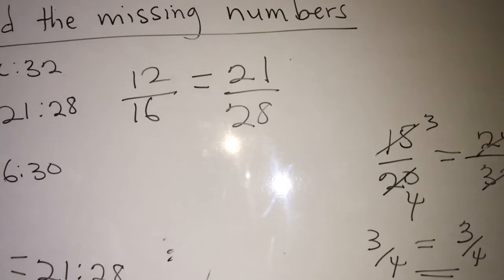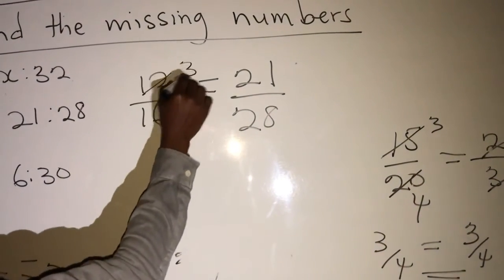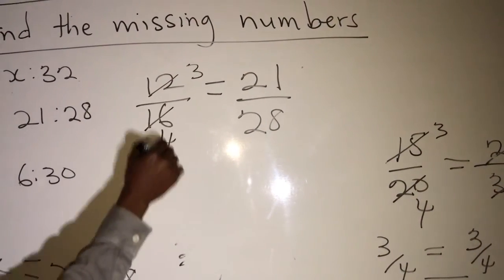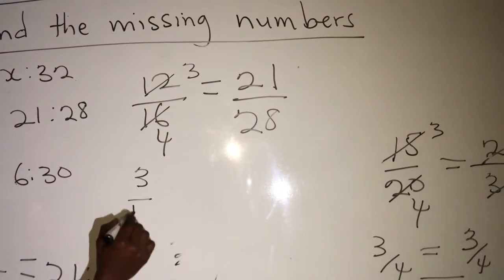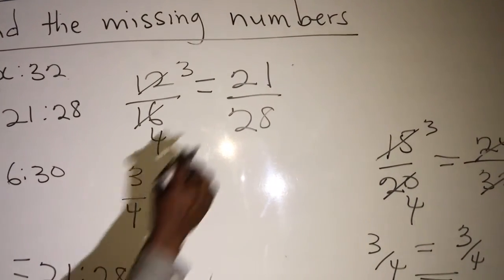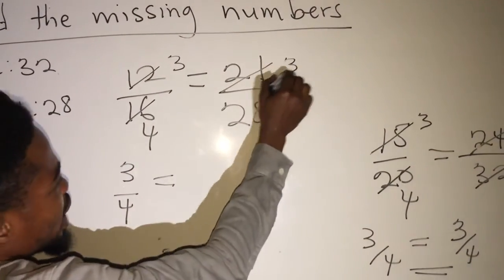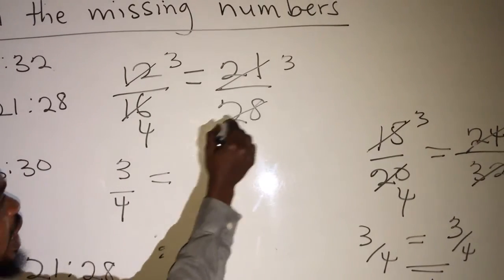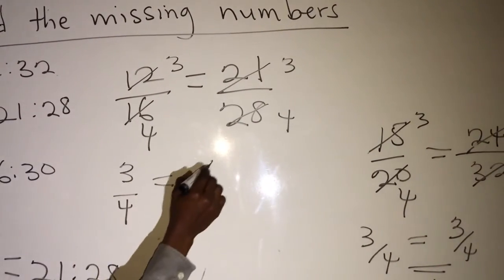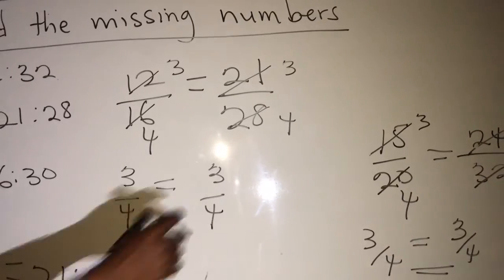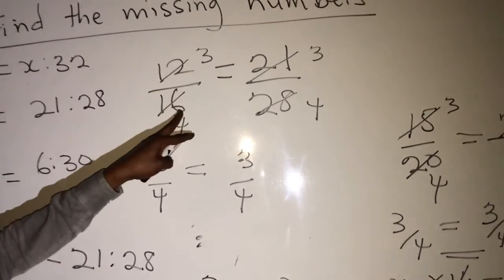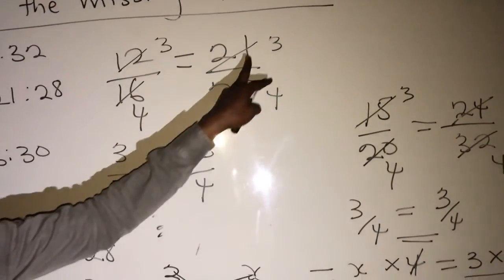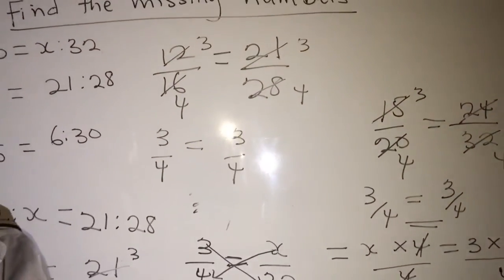Which number can go here? 4 goes here, 3. 4 goes here, 4. So I have 3 out of 4 equals 7 goes here, 3. 7 goes into 28, 4. So I have here 3 is to 4. Therefore, 12 out of 16 is the same as 21 out of 28.